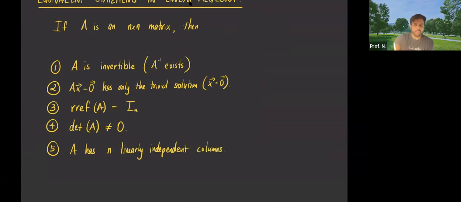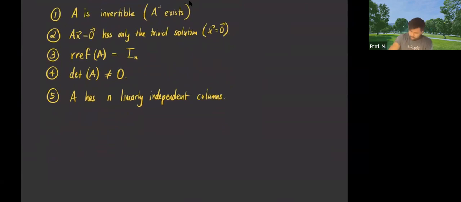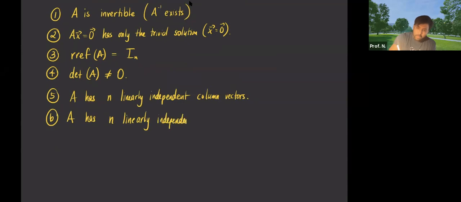That's important. Why is that important? Well, then similarly, A has n linearly independent what? Yeah, column vectors, pardon me. Has linearly independent row vectors, right? That's important too.